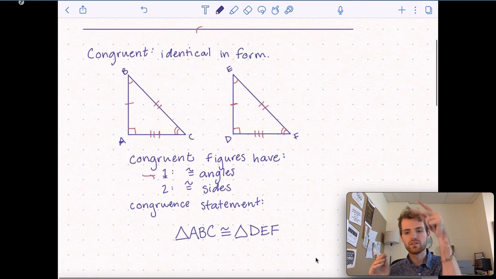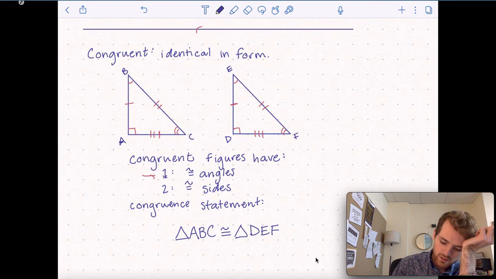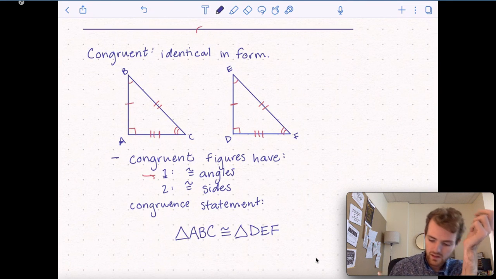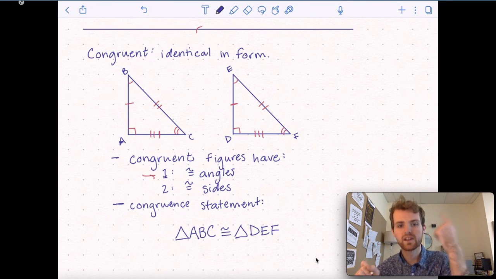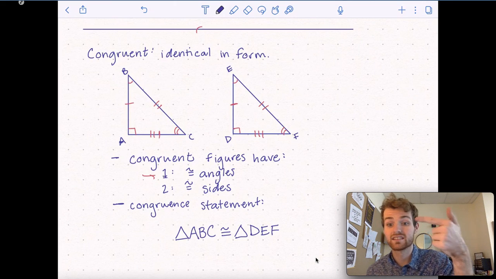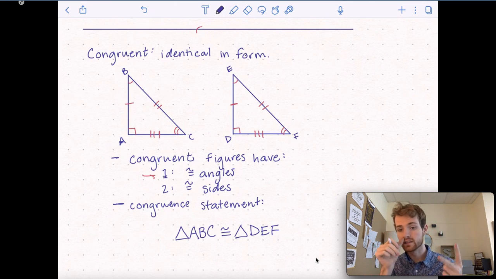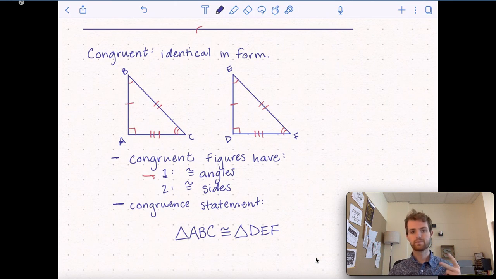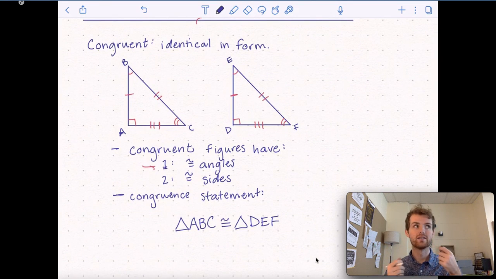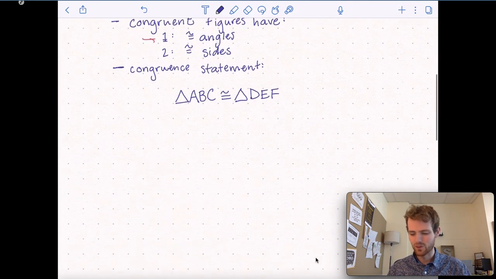So these are the two elements that I want to talk about with congruence: what they have to have, and the statement that we can write. The reason I'm starting here is because when we talk about similarity, you'll see a lot of similarities with congruence.